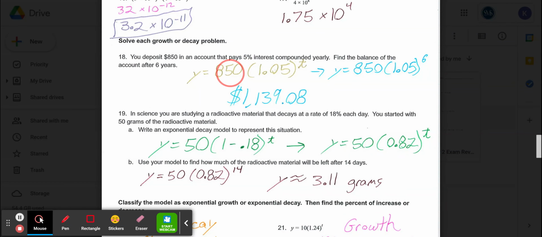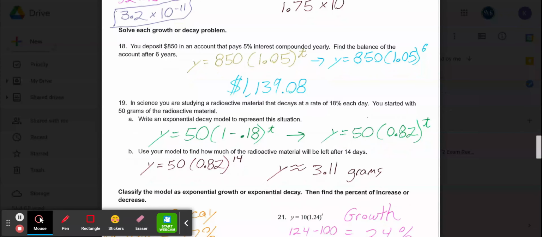That goes outside the parentheses. 5% interest would be 0.05 added to 1. So we'd have 1.05 in the parentheses to the t power. So then for 6 years, we would do 1.05 to the 6 multiplied by 850, giving us $1,139.08.